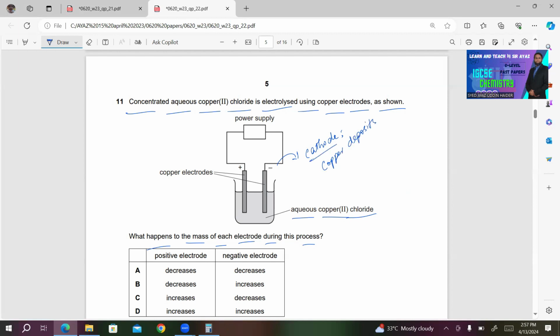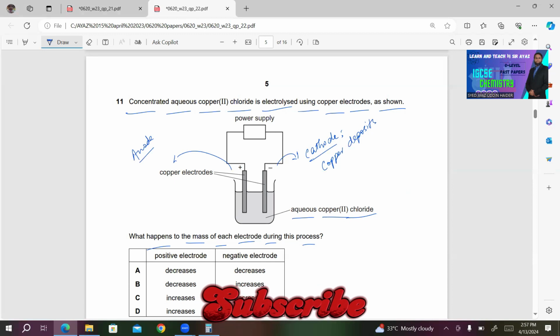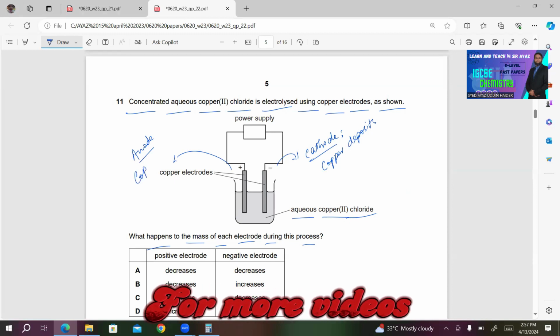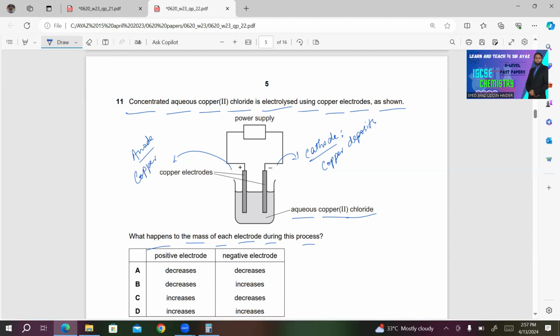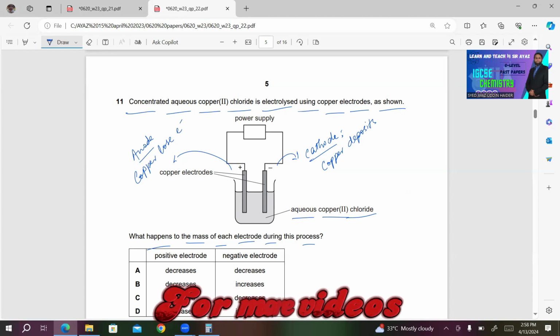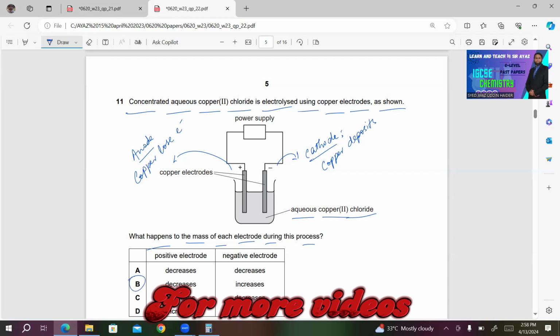What will happen at the anode? At the anode, copper loses electrons. So there must be an increase in mass at the negative electrode and a decrease in mass at the positive electrode. So B must be the right answer for this question.